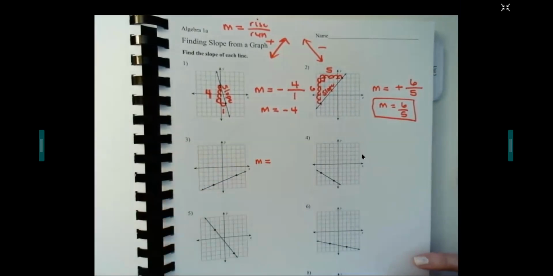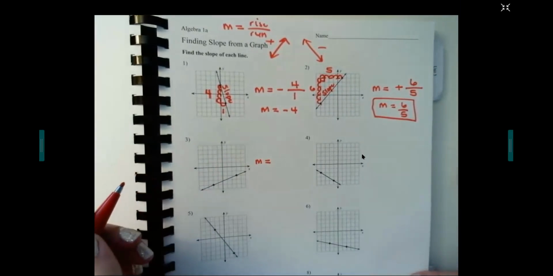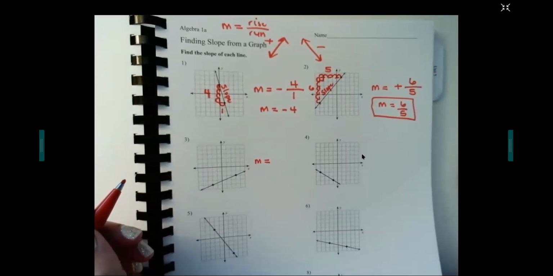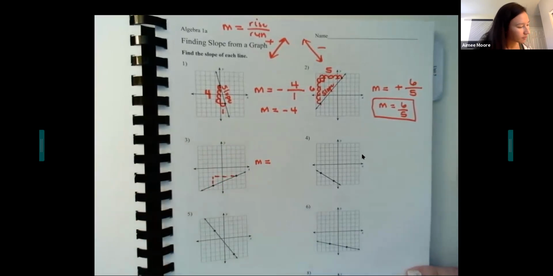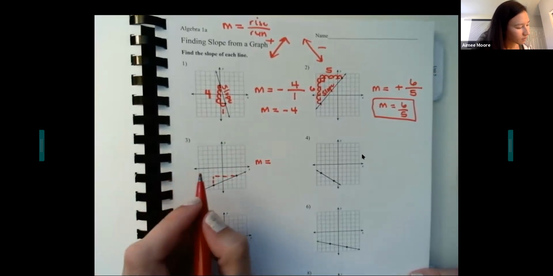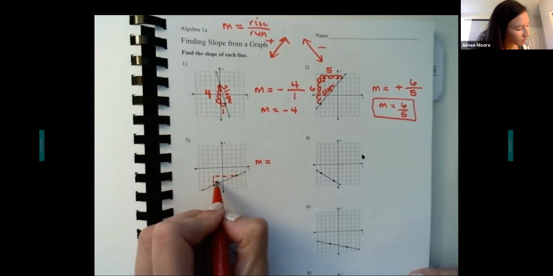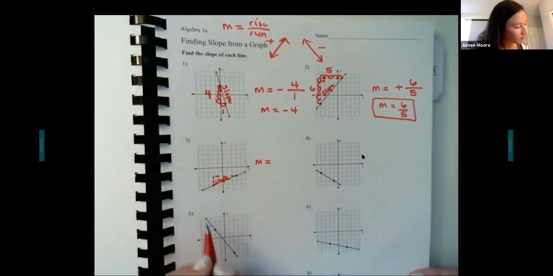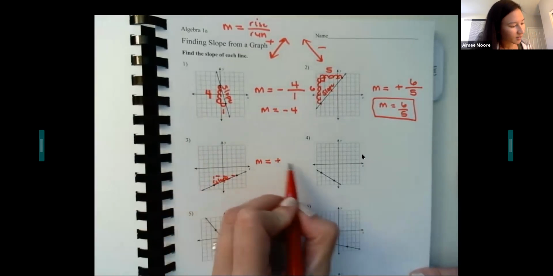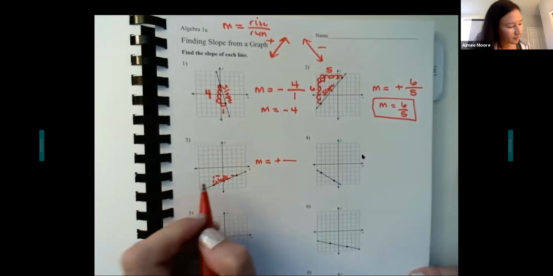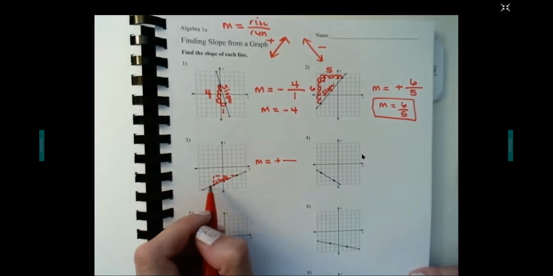Okay. So make your right triangle. Perfect. And then you have to write slope, see if it's going up, and it's going up. Yep, very good. Then count your lines to see what the slope is.